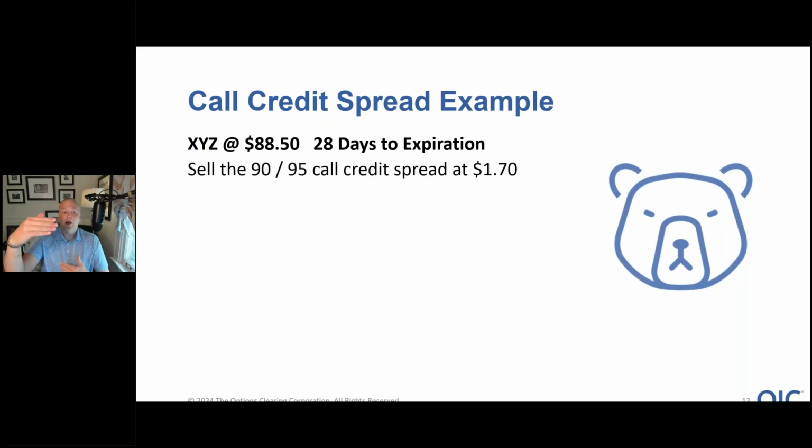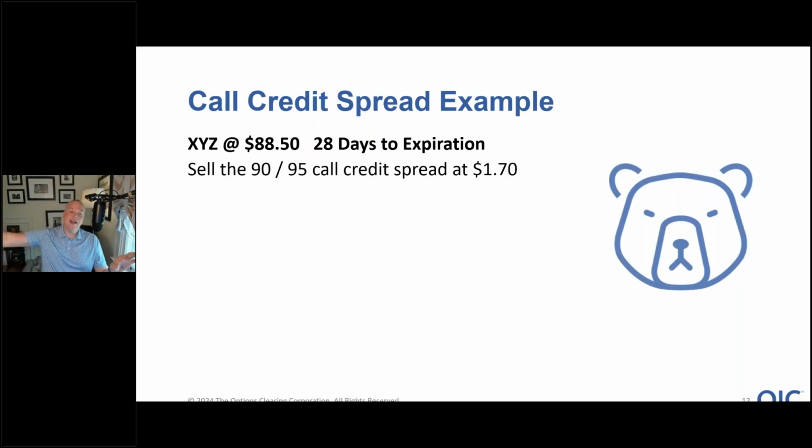Now, that call spread can print and mark at many different prices between now and the time that it expires. So that doesn't necessarily mean it's always going to be $1.70 on your sheets, but the premium that you sell and collect goes into your account immediately and it stays there.